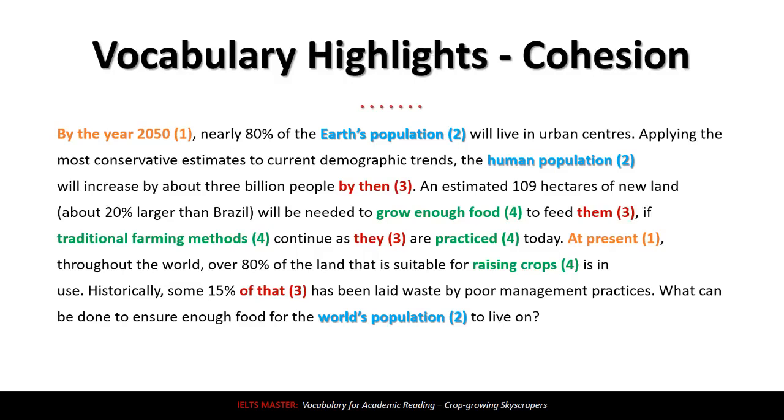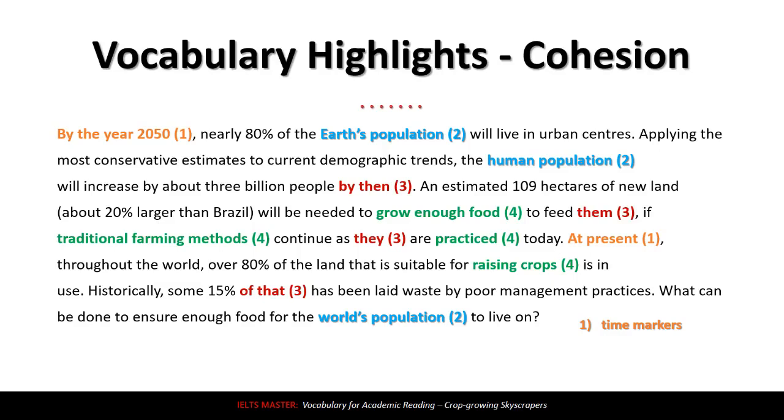What are these? These are time markers. The first one is by the year 2050 and later on is at present. It makes it very clear that we're changing the time in this paragraph. This is very helpful for your reading and for your writing and for your listening and even for your speaking, but definitely for your reading and writing.